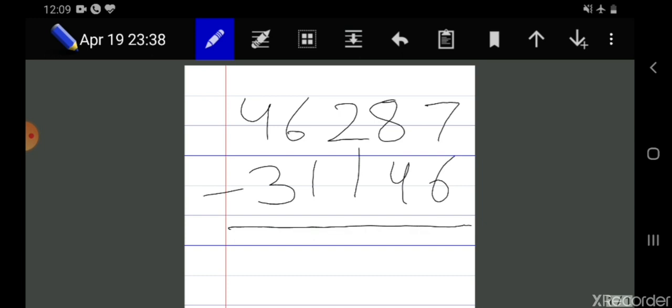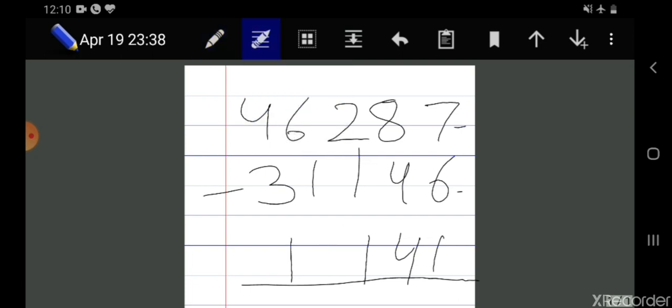So we have to subtract here. 7 minus 6, 1. 8 minus 4 is 4. 2 minus 1, 1. 6 minus 1, 1. 4 minus 3, 1. Okay, so the answer came, sorry, I have done it wrong.